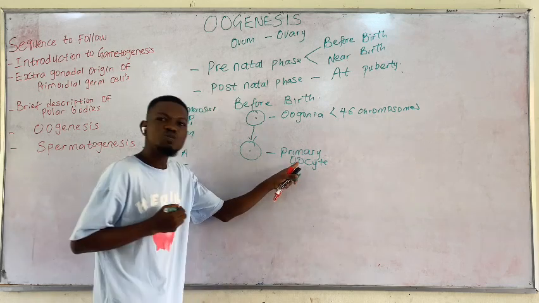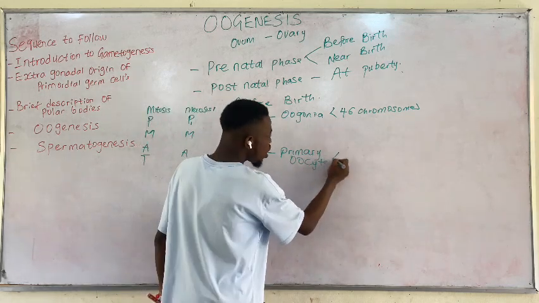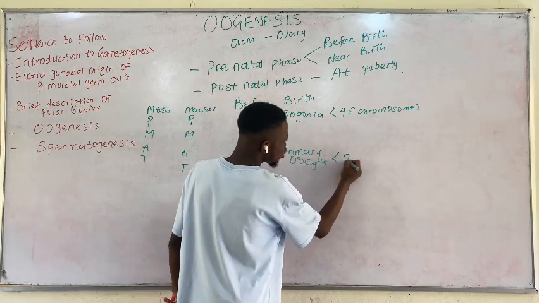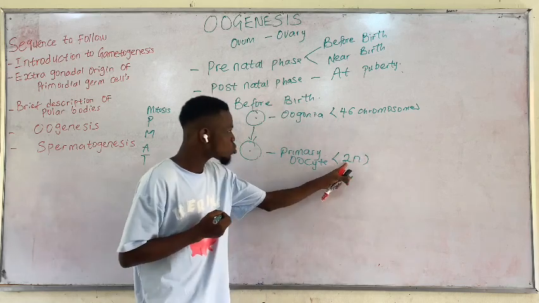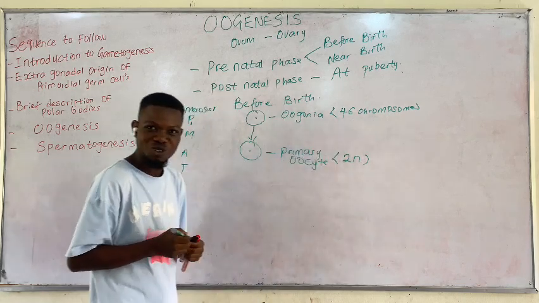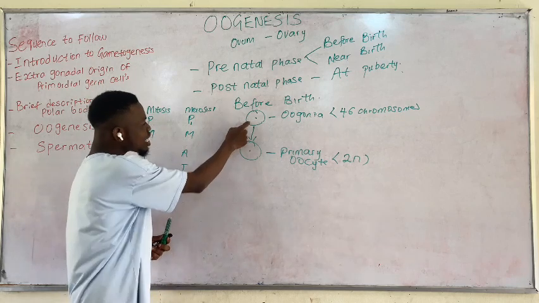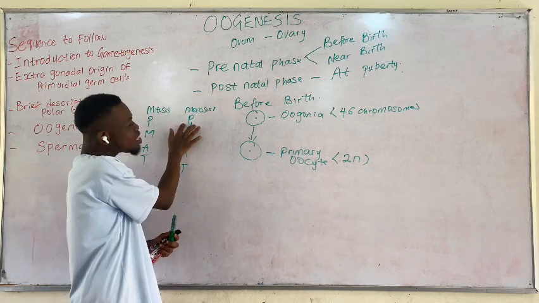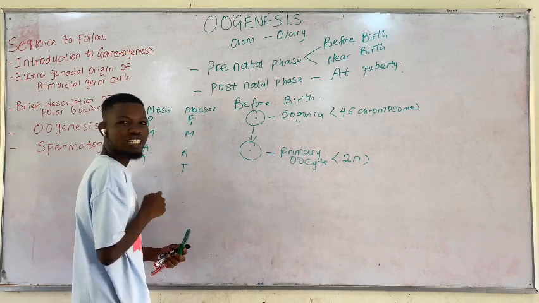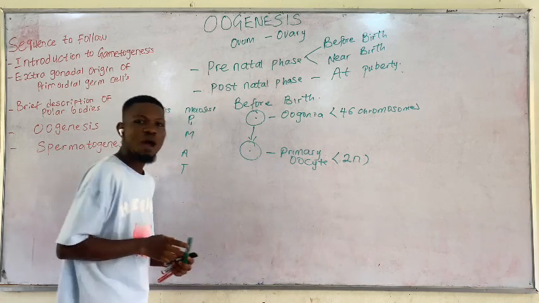This primary oocyte is a diploid cell, which is 2N, still the same as the 46 chromosomes.